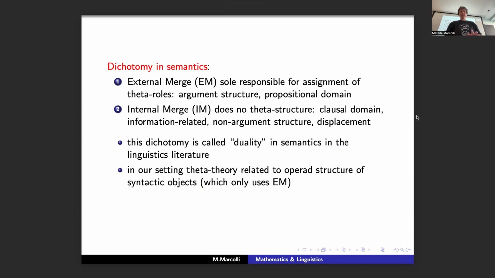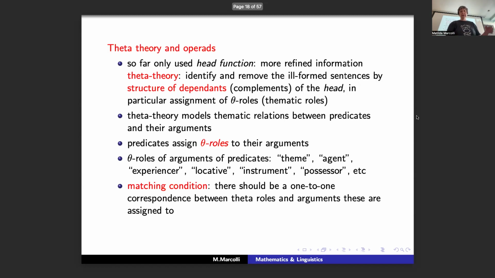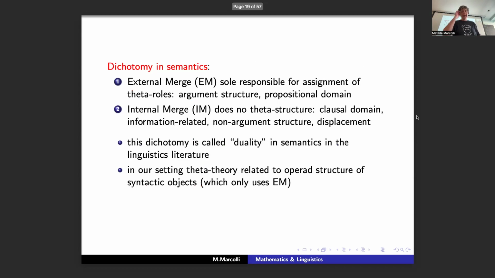I just want to make first one comment about this matching of theta roles, which is that in linguistics, if you look at the papers, it's usually called the duality in semantics. Duality is, I think, from the mathematical perspective, maybe not the best term to use because it suggests something that is an involution.